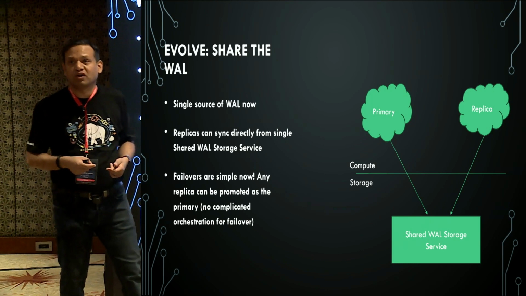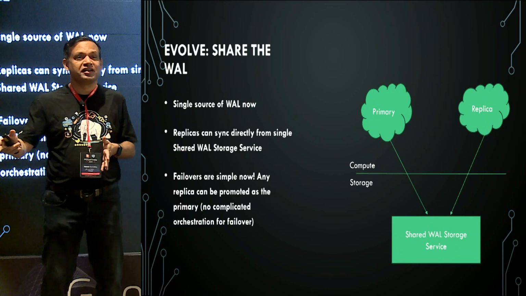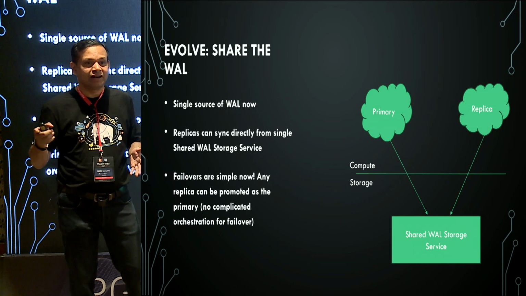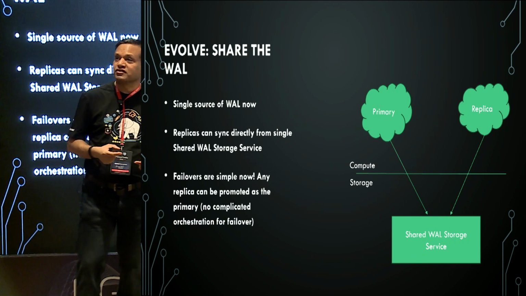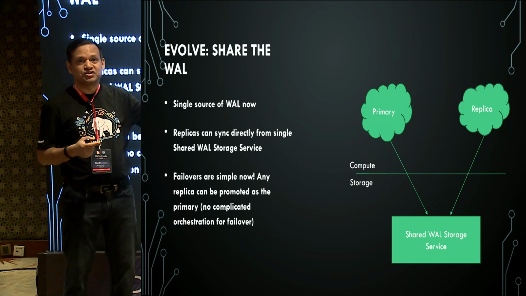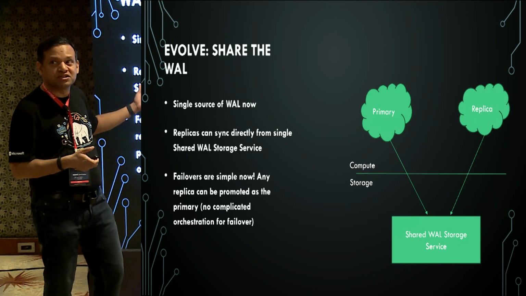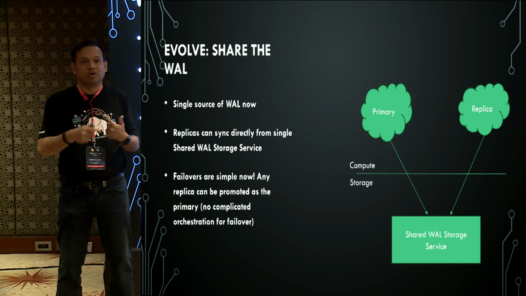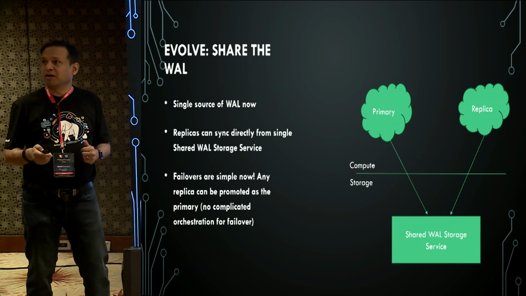We have a lot of solutions for failovers, and typically the failover solution tries to look at the replica which is closest to the primary that is going away and tries to promote that. So it does a lot of checks in terms of LSNs, and quorums, and a lot of stuff. But in this case, because all of the nodes are sharing the same shared WAL storage service, maybe failovers are simpler. You could, in theory, promote any replica in case of failover, and it will quickly apply the WAL that has been generated so far before it becomes the primary.